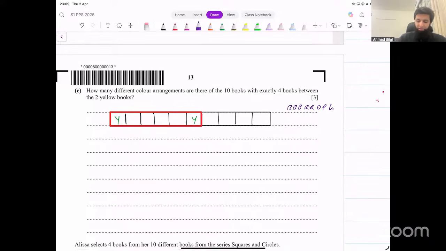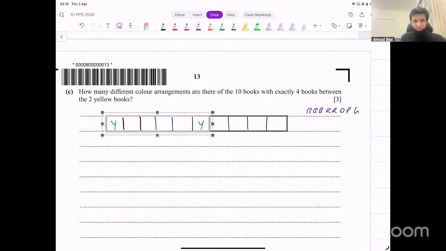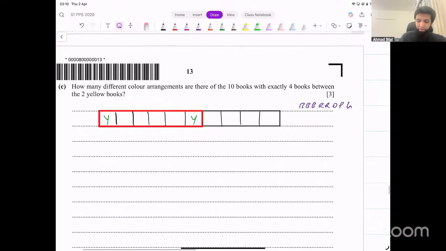In how many ways can we arrange them now? There are multiple ways that we did for this, right? One possibility is we could say, let's start with this box, the red box. It could either be in its current position, or it could be here, or here, or here, or here. So how many possible positions do we have for this big box? There are five possible positions of the red box.